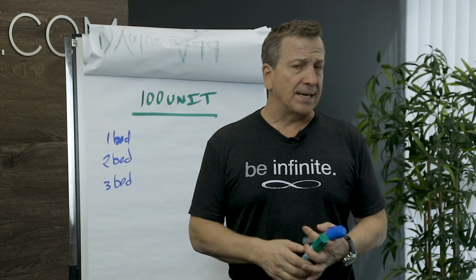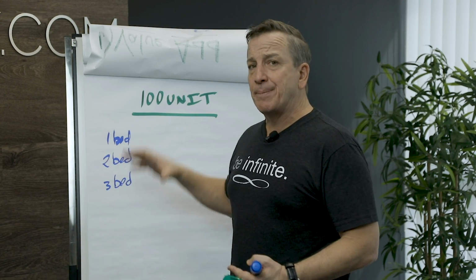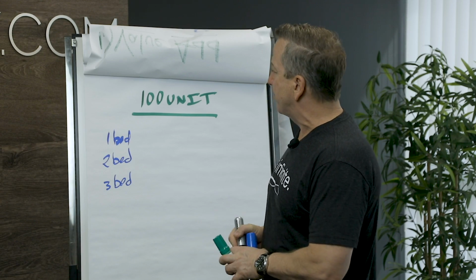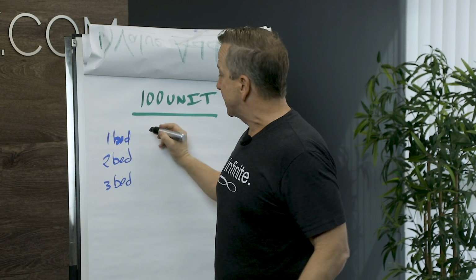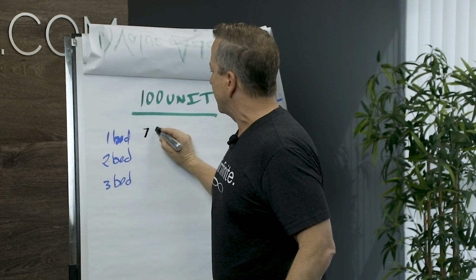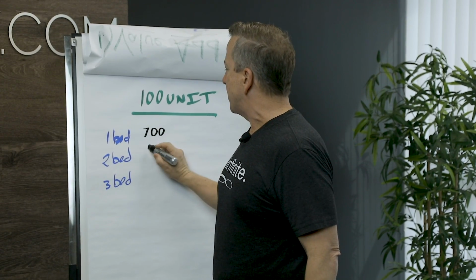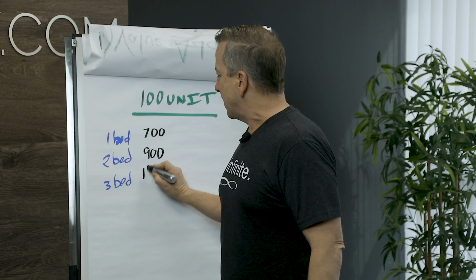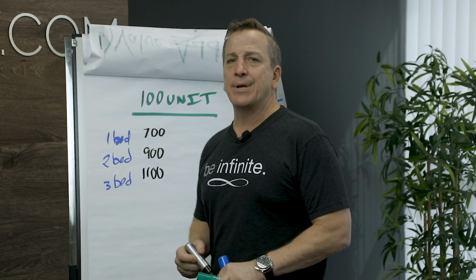The point is that when you're buying the property and you're looking at the rents on these particular buildings, let's say the rents are $700 for a 1-bedroom, $900 for a 2-bedroom, and $1,100 for a 3-bedroom.